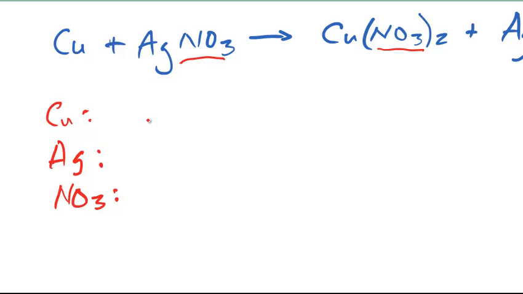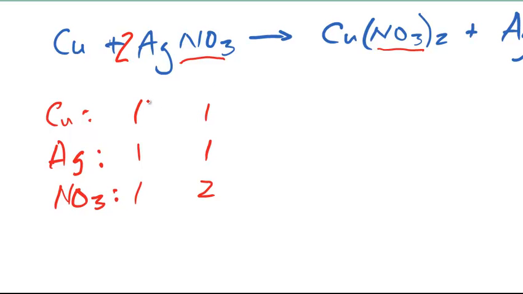At the moment, we have one copper on the left and on the right. We have one silver on left and right, but we have one nitrate on the left, two on the right. So the first thing you might want to do is put a 2 here.